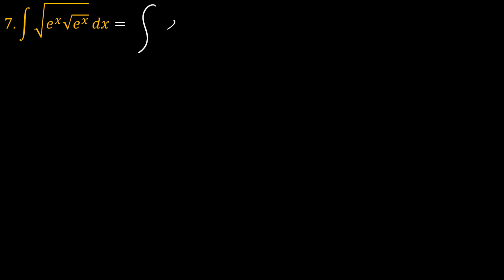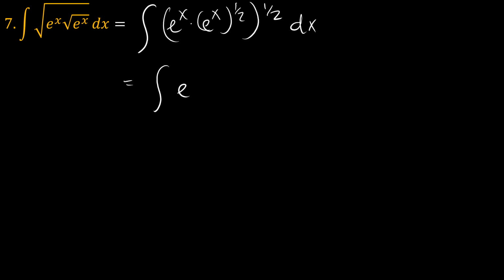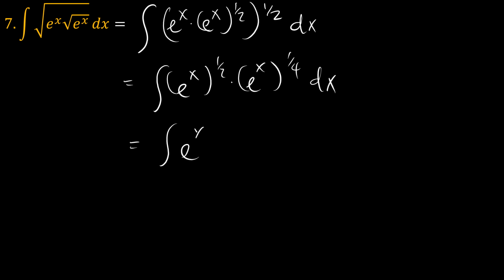So we have e to the x to the power 1/2 times e to the x to the power 1/4. So we have e to the x to the power of a half plus a quarter, which is 3/4.